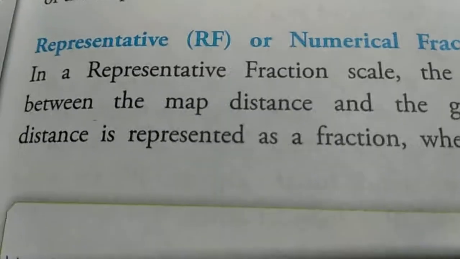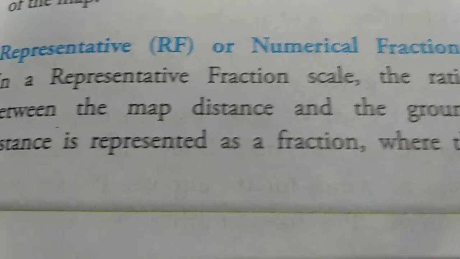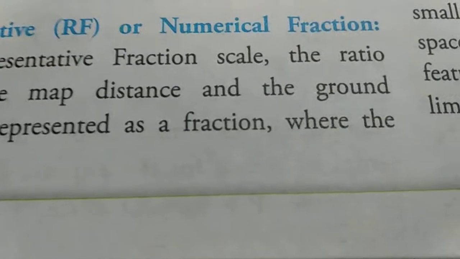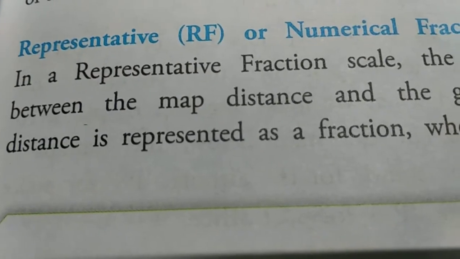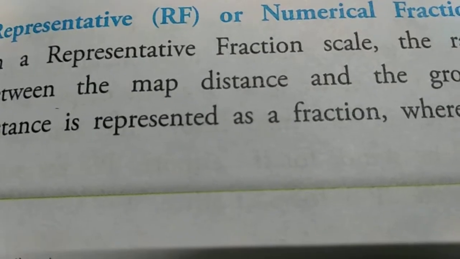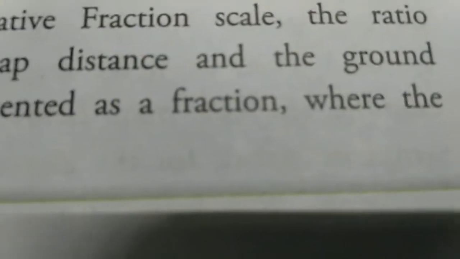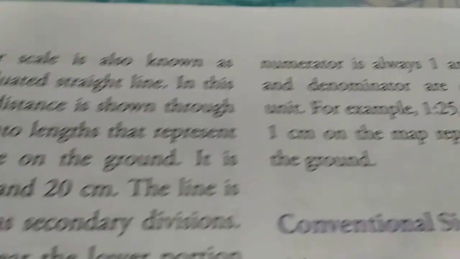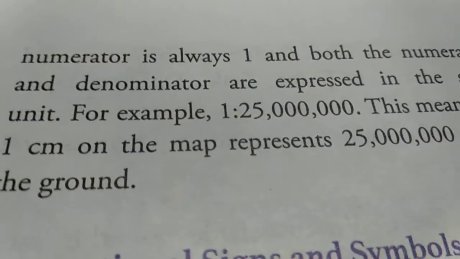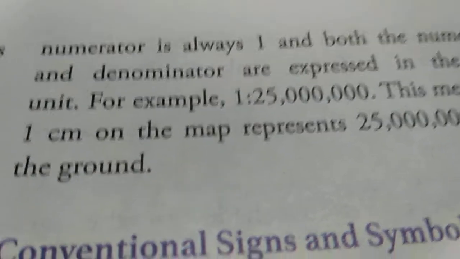Next is the representative or numeral fraction. Here the scale is shown as a fraction. The ratio between the map distance and the ground distance is represented as a fraction, where the numerator is 1 and both the numerator and denominator are expressed in the same unit.